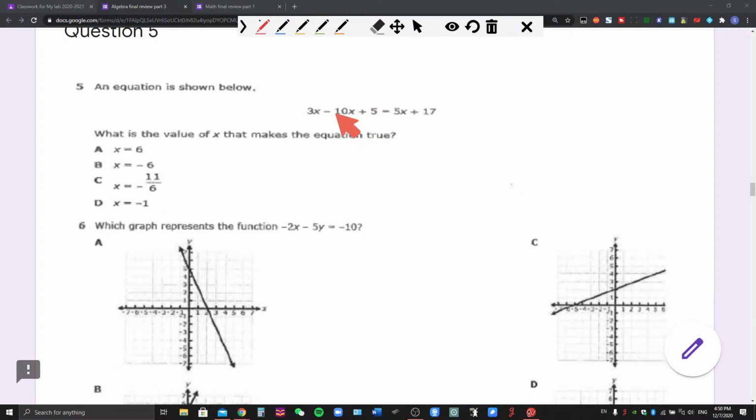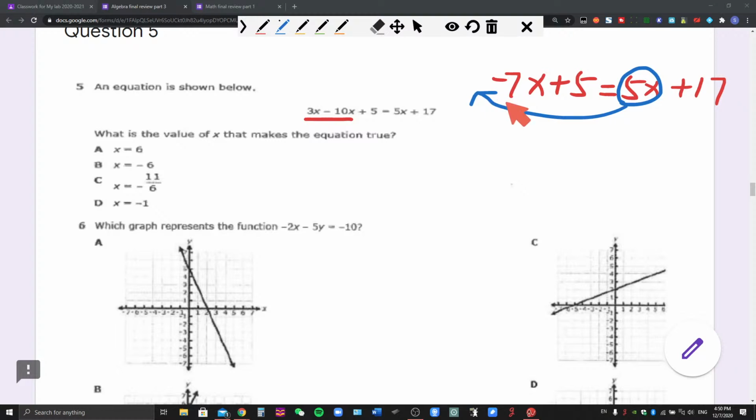So 3x subtract 10x, this will be a negative 7x. Suppose this is a plus, okay? Let's suppose that's a plus 5 equals 5x plus 7. All right, and then we will just separate this 5x. We move it to this side. This will become a negative 5x.